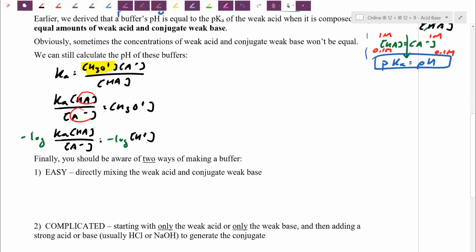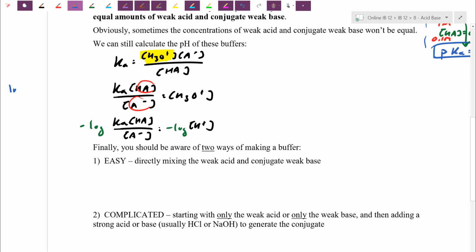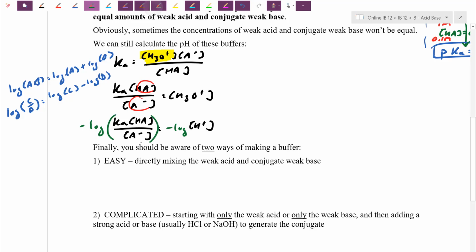Let me just clean this up a little bit here. Remember, we have a few log rules. Whenever you have log of A times B, that's log of the first thing plus log of the second thing. And in a similar fashion, if I have log of C over D, that's log of C minus log of D. The reason I re-emphasize it here is I have a negative log of two things being multiplied and these things here being divided.